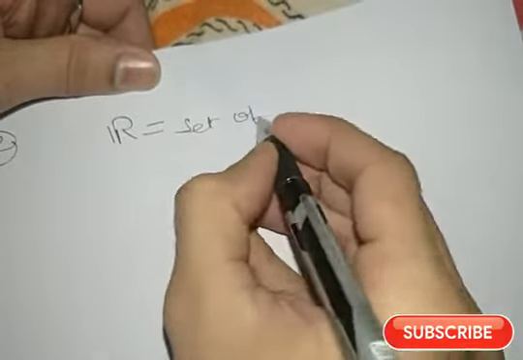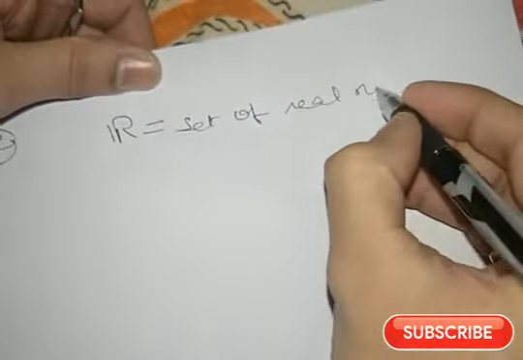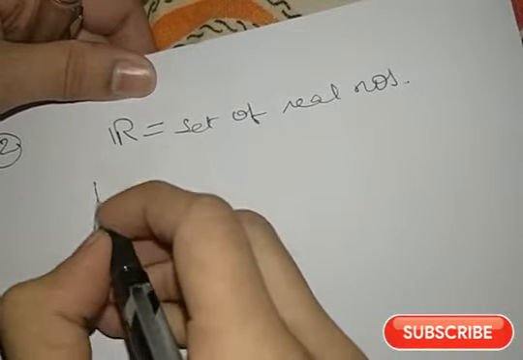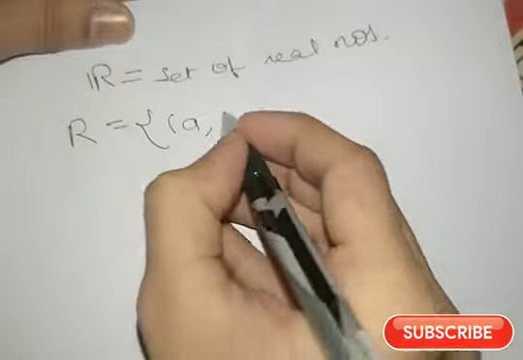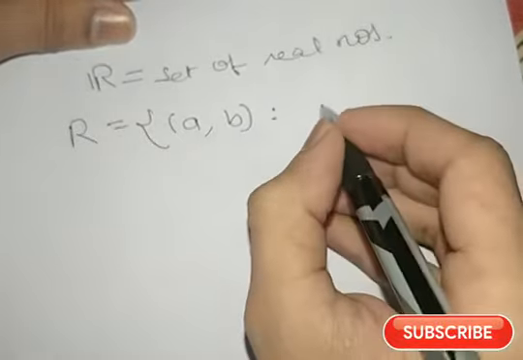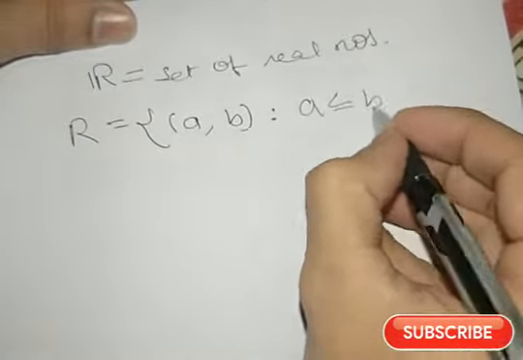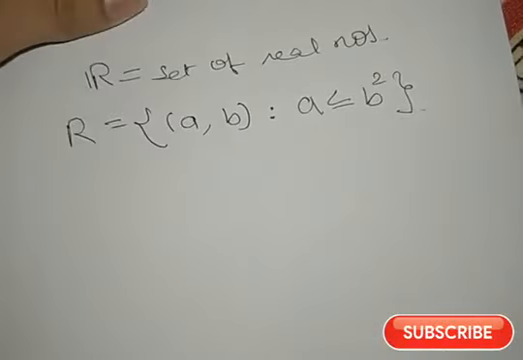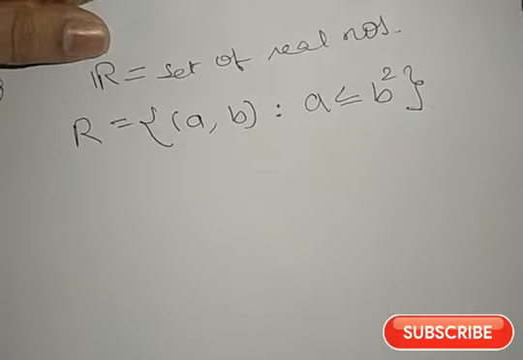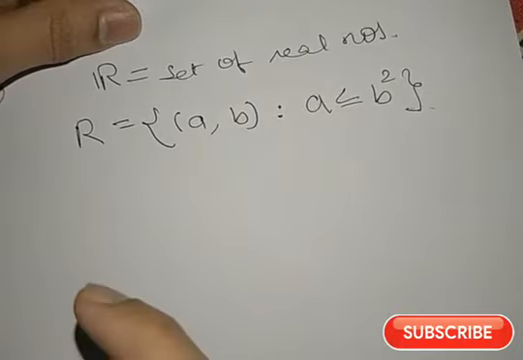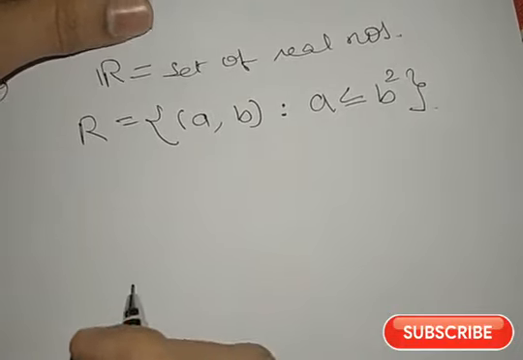You are given the set of real numbers, and the relation R is the set of all (a, b) such that a is less than or equal to b square.